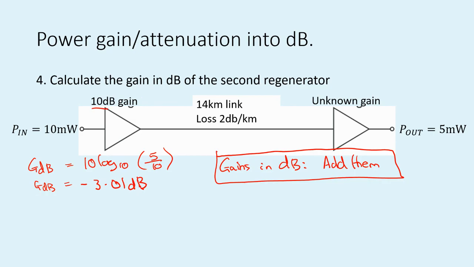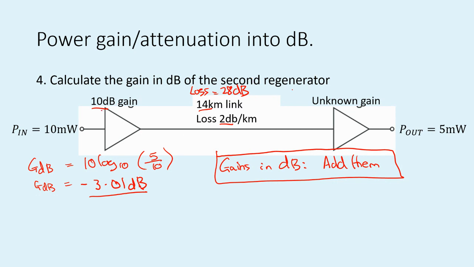So we've got a 10 decibel gain here, and we've got 14 kilometers, and we're losing 2 decibels every kilometer. So the overall loss, 14 times 2 is 28 decibels. That's a loss, so that's a negative. And we know that overall it's negative 3.01.